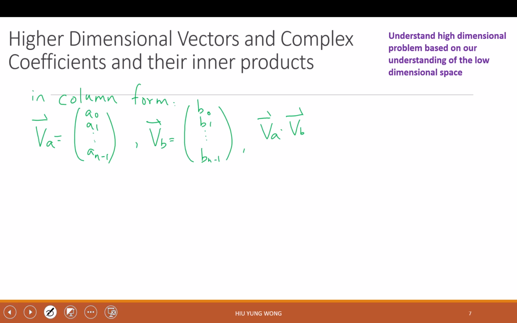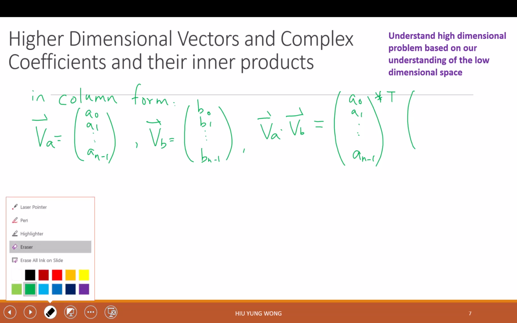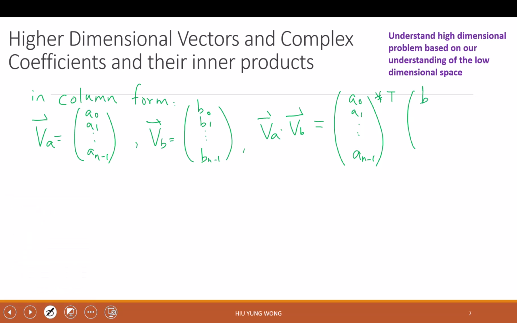Based on the previous equation, this is just equal to A0, A1, up to AN minus 1, the whole column. You take the complex conjugate and transpose, and then times B0, B1 to Bn minus 1.